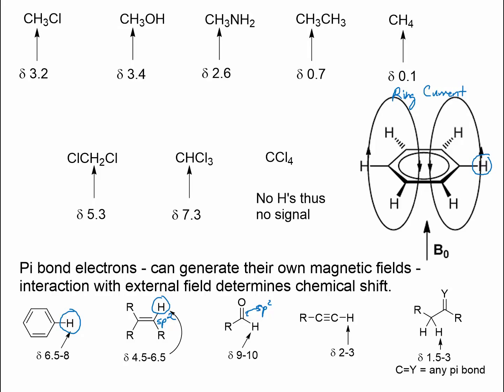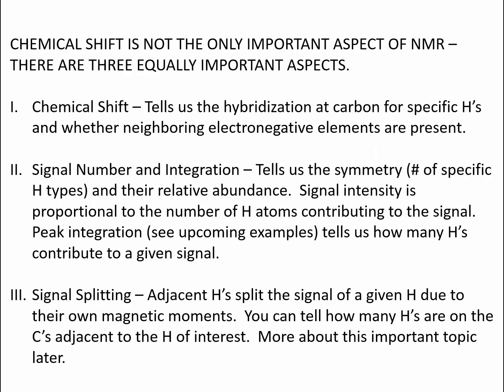So it's these micromagnetic fields set up by the pi electrons that are responsible for what we call this hybridization effect on chemical shift.